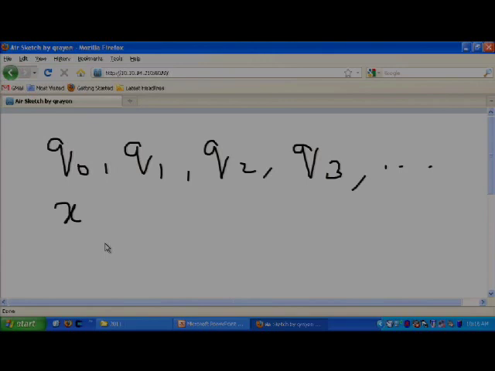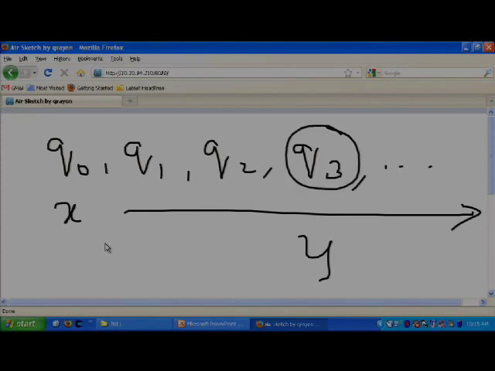On the other hand, if x is not true in Q0 but it's true in Q2, even then if y is true in Q3, it's fine, right? It doesn't make a difference. On the other hand, if x is true after y became true, and throughout the rest of the suffix y is not true, so x became true here but y never became true after that, then the property is false.